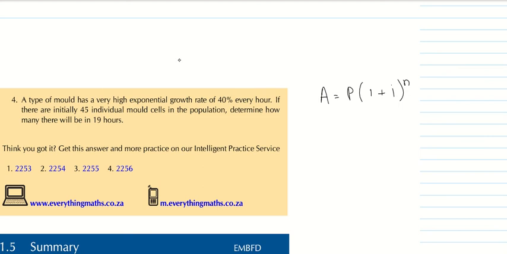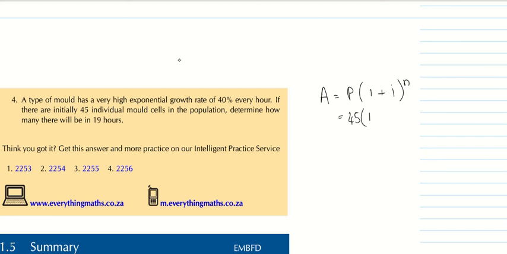And then we are simply going to substitute our values. So P is the initial 45 mold cells in the population, and we determine how many will there be in 19 hours.